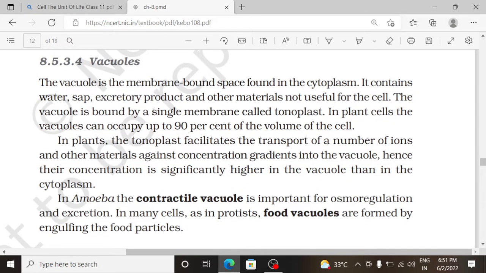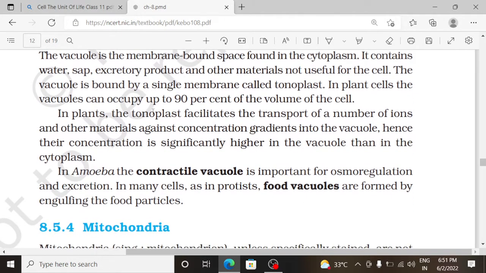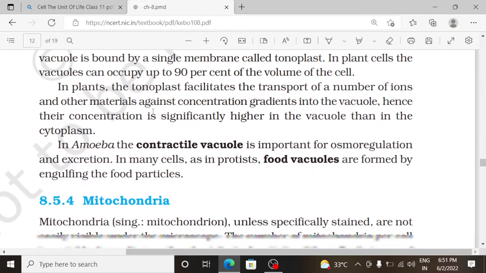Vacuoles. The vacuole is the membrane-bound space found in the cytoplasm. It contains water, sap, excretory products and other materials not useful for the cell. The vacuole is bound by a single membrane called the tonoplast. In plant cells, the vacuoles can occupy 90% of the volume of the cell.